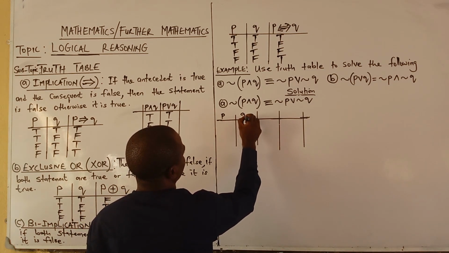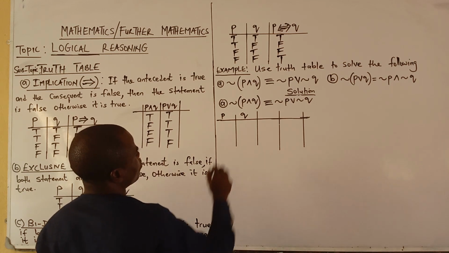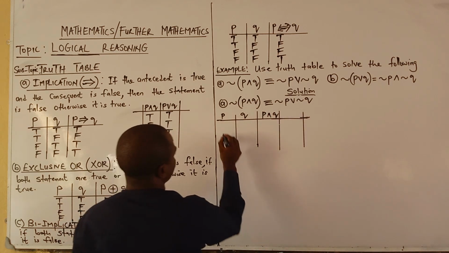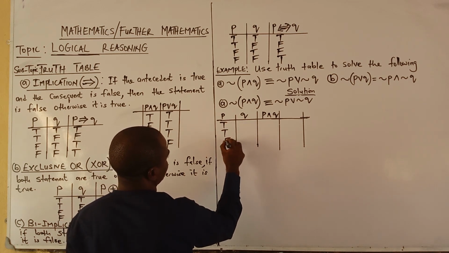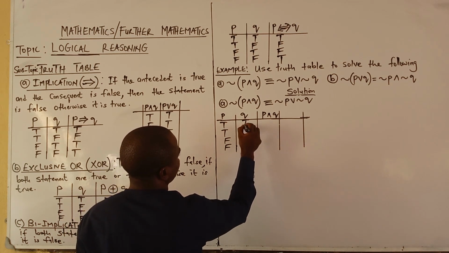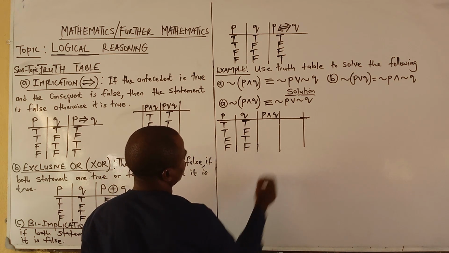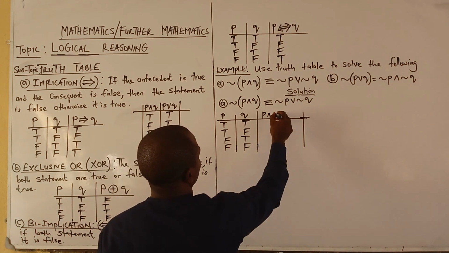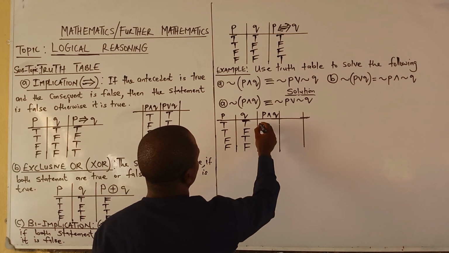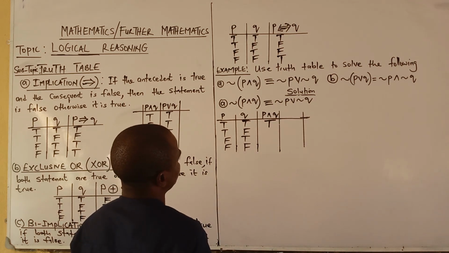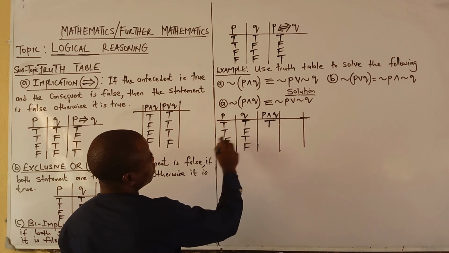P, Q. Let's do P conjunction Q. Before then, let's write T T F F, T F T F. P conjunction Q will be T for T and T. Conjunction is AND.